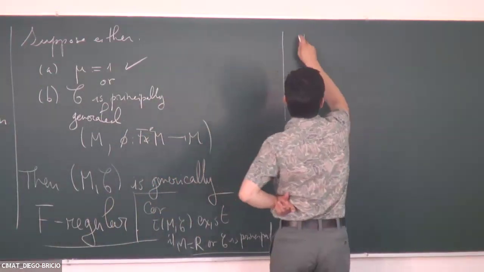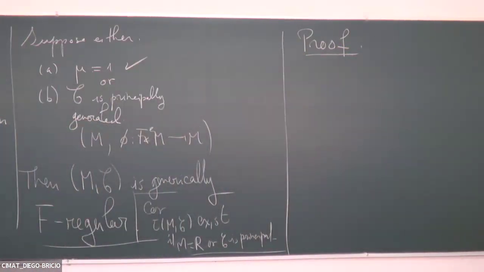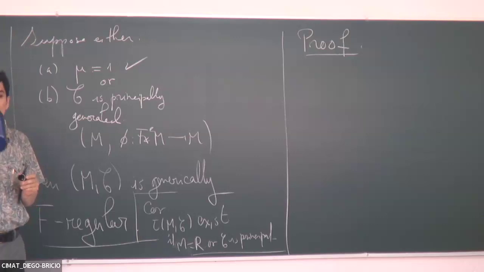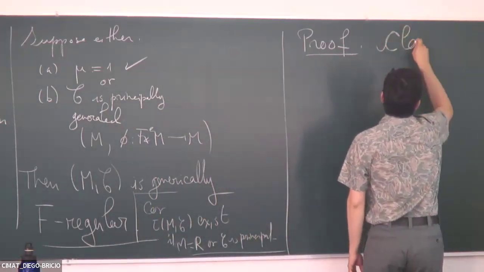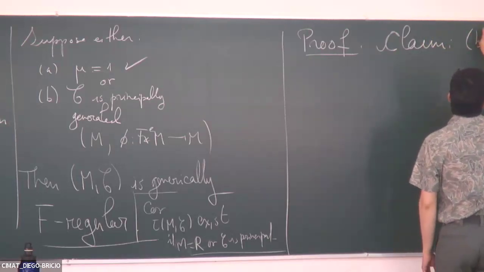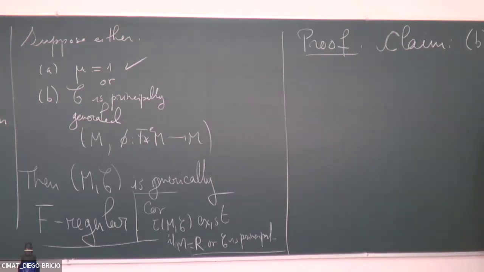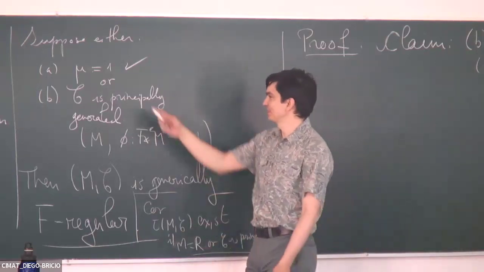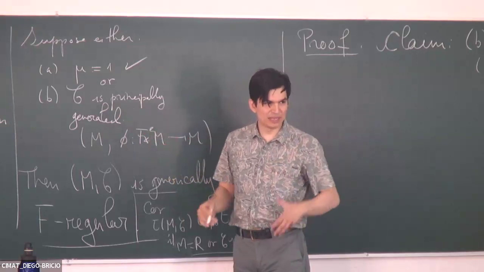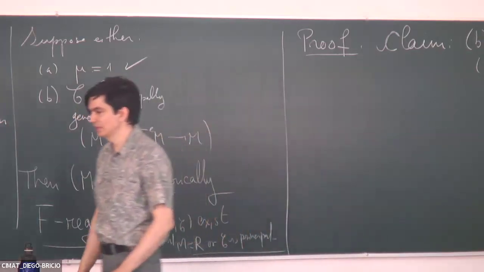So, proof. What I'm going to do is start by explaining why A implies B, why we can reduce B to A. So, claim: B can be reduced to A. Or in other words, A implies B. Well, not that mu equals 1 implies that, but if I prove the theorem assuming A, I prove it assuming B. Okay?